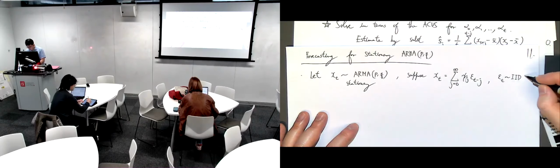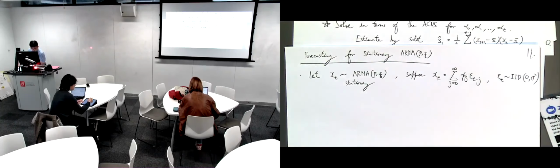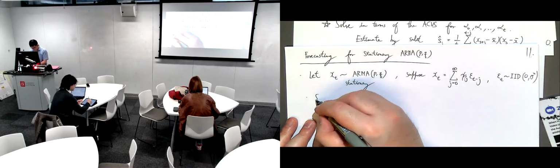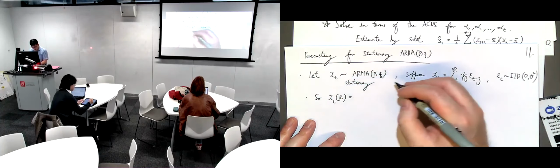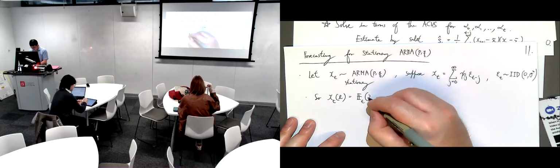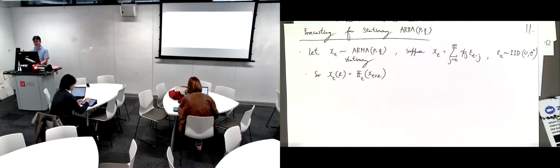So sometimes I write IID like this, okay? If it's not IID normal, then that means it's just an IID random variable with mean zero and variance sigma squared. So I don't know its distribution. So your xt(L) is E sub t of x t plus L. That's the best forecast. So I'm not doing any approximation here. I just go with the best forecast.